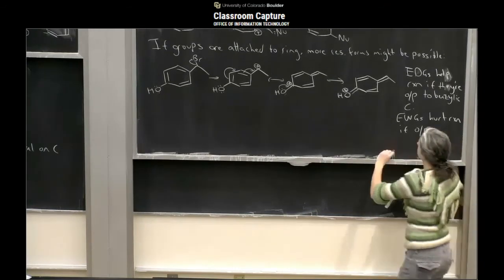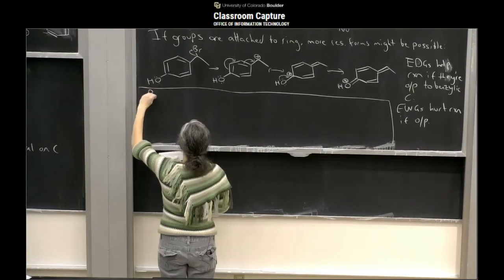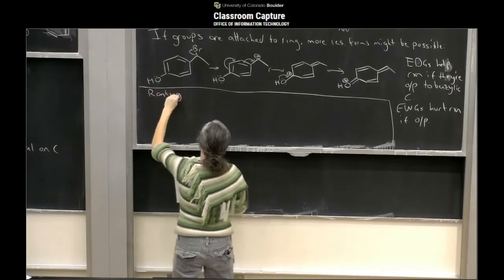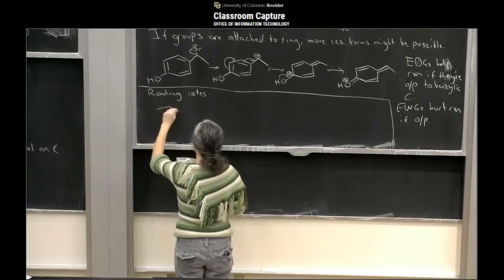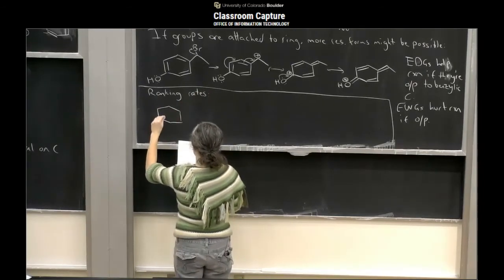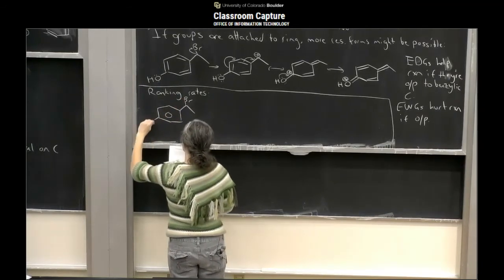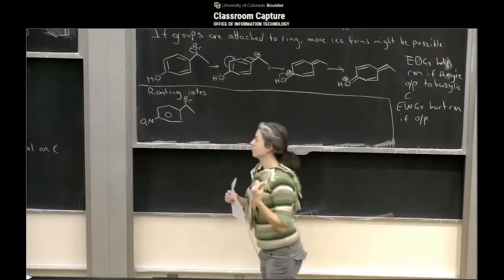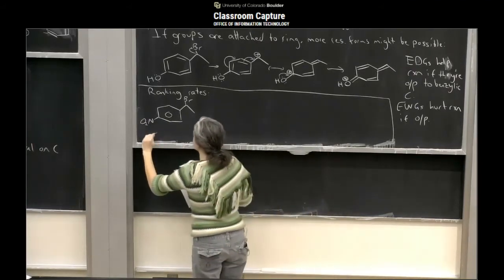So if we're ranking reaction rates, having a nitro group ortho or para to where our carbocation is going to form is the slowest.